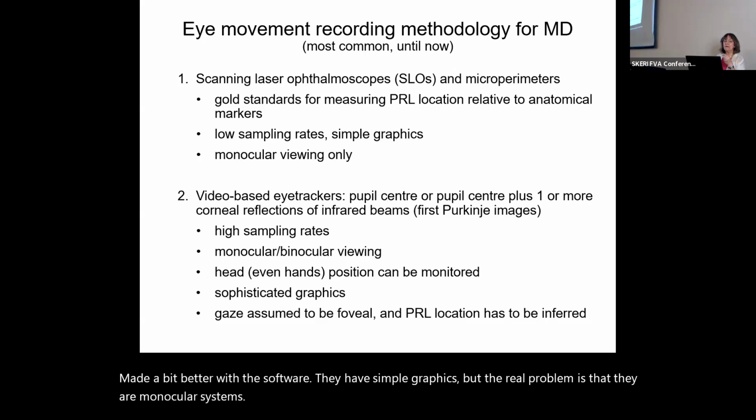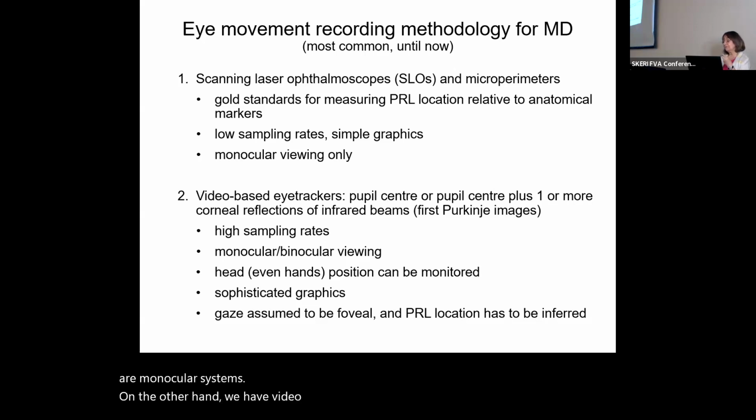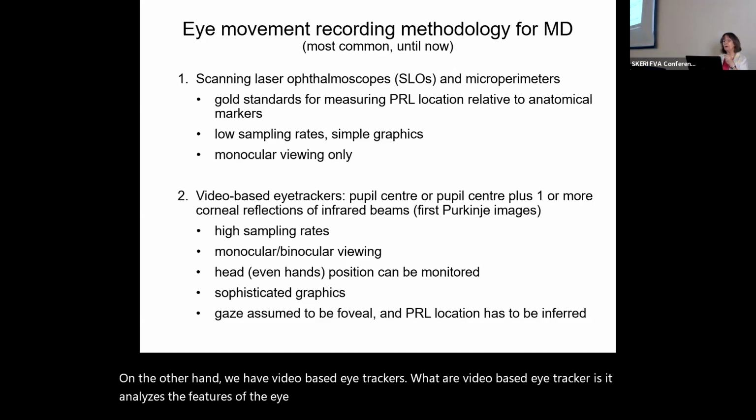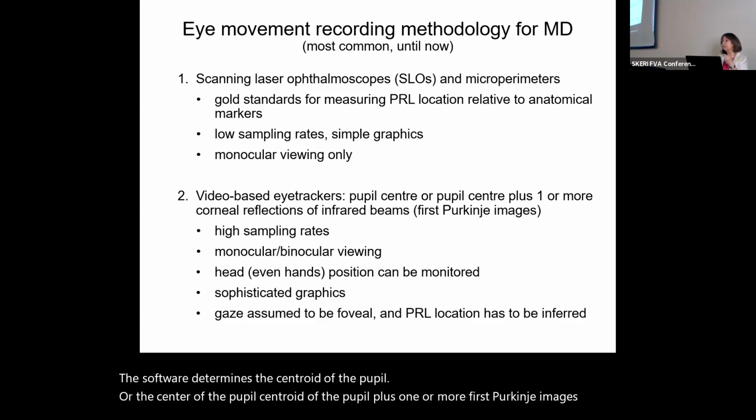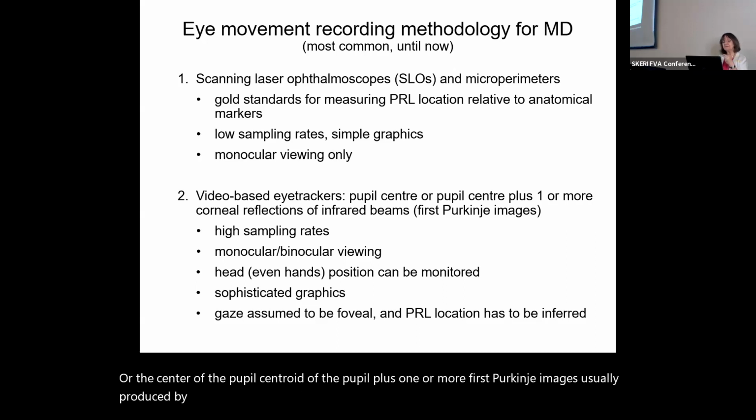On the other hand, we have video-based eye trackers. A video-based eye tracker analyzes the features of the eye from a video image. The software determines the centroid of the pupil, or the center of the pupil, plus one or more first Purkinje images, usually produced by infrared beams.